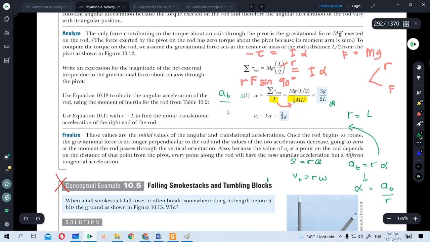This is the general expression where the lever arm is L. So as you simplify, you find that we can cancel away L, and simplifying that, a tangent is at the same time equivalent to 3 over 2 g, as in the expression.